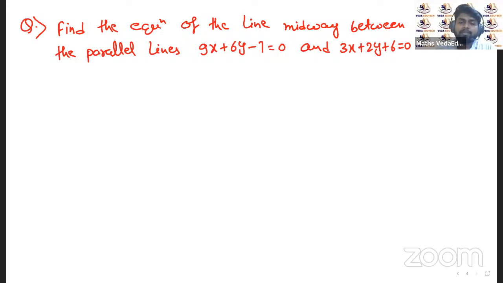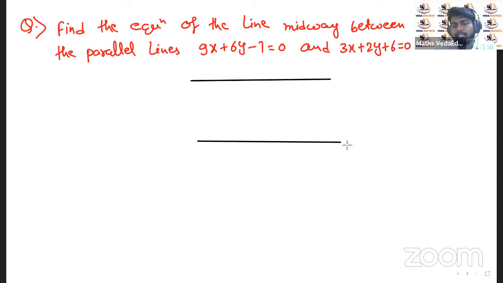Now you have to understand the question first, how we are going to approach this. You need to assume three lines. The equations of these two lines are given. One line is here, another line is here. Let us assume the first line is L1 and the second one is L2. But we need to find one new line which is situated in between these two lines.